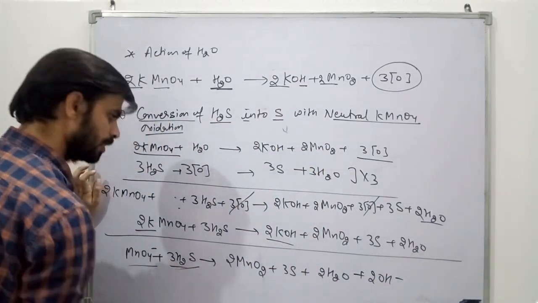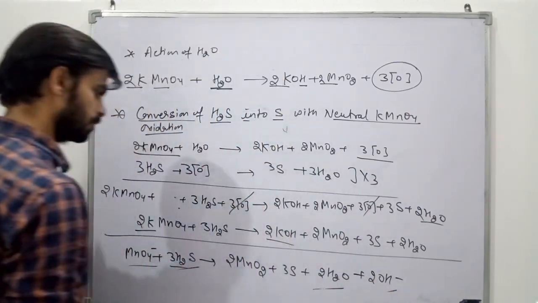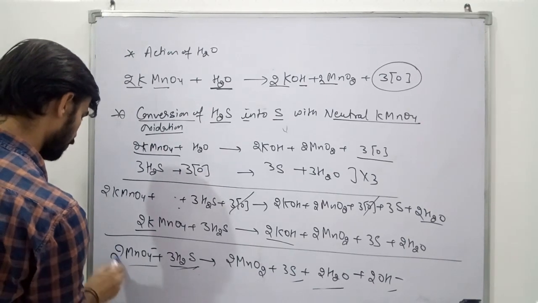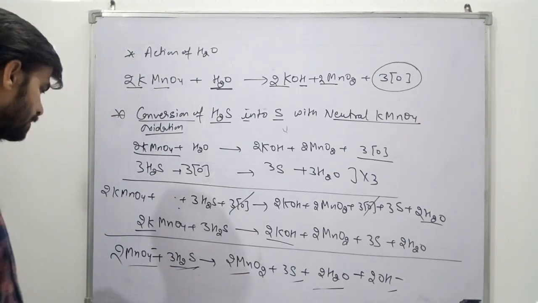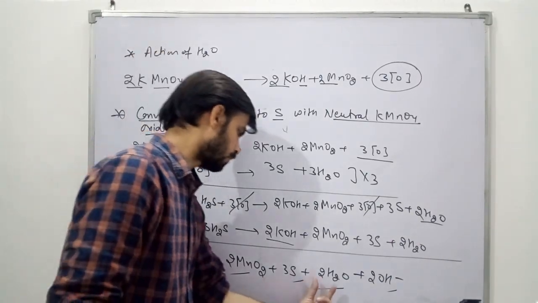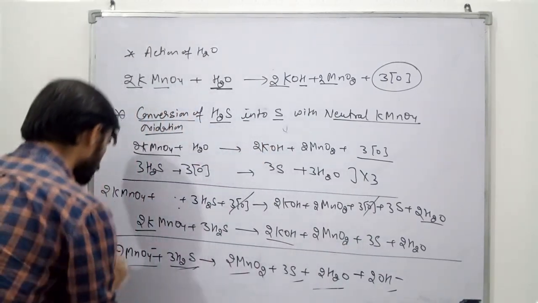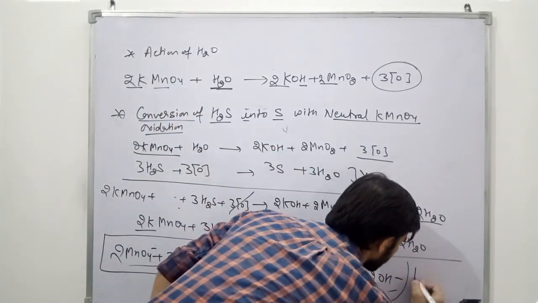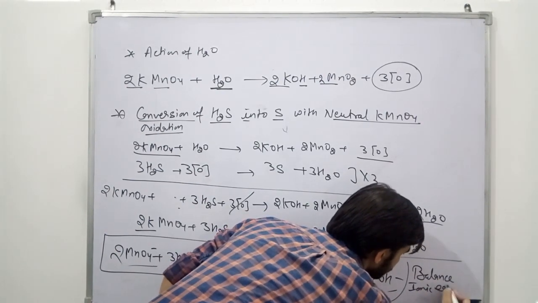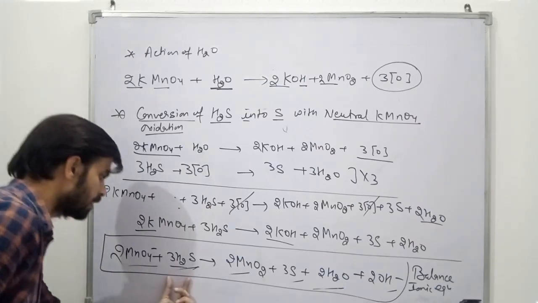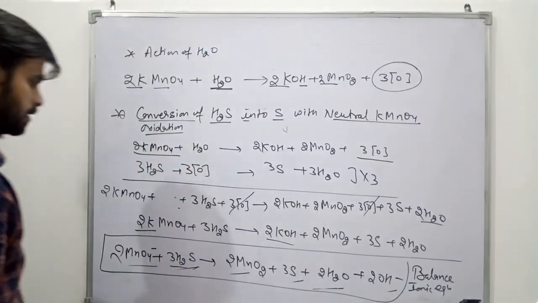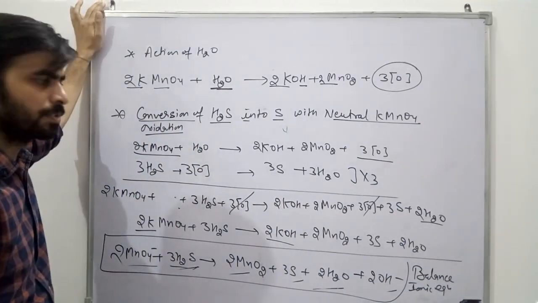Now we have 6 hydrogen, 2 plus 2, 6 hydrogen, 3 sulfur, twice of manganese, 4 to the 8, 2 to the 4, 4 plus 2 6 plus 2 8. So it is your balanced ionic equation: twice of MnO4 negative, thrice of H2S gives twice of MnO2, thrice of S plus twice of H2O plus twice of OH negative. So this is your balanced equation.